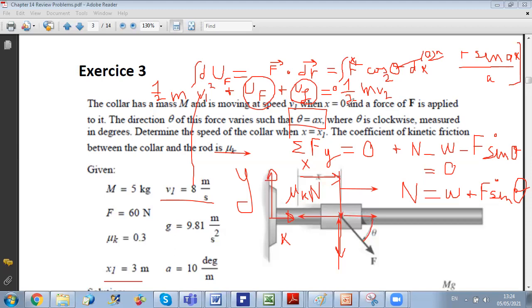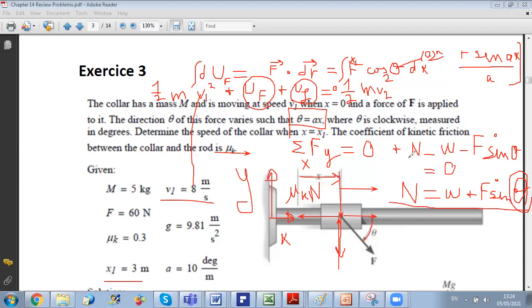Now to get the work of the friction, you should proceed in a similar way, because your friction is also variable. Why is it variable? Because if you look at your normal equation, your normal is a function of theta and theta is a function of x.